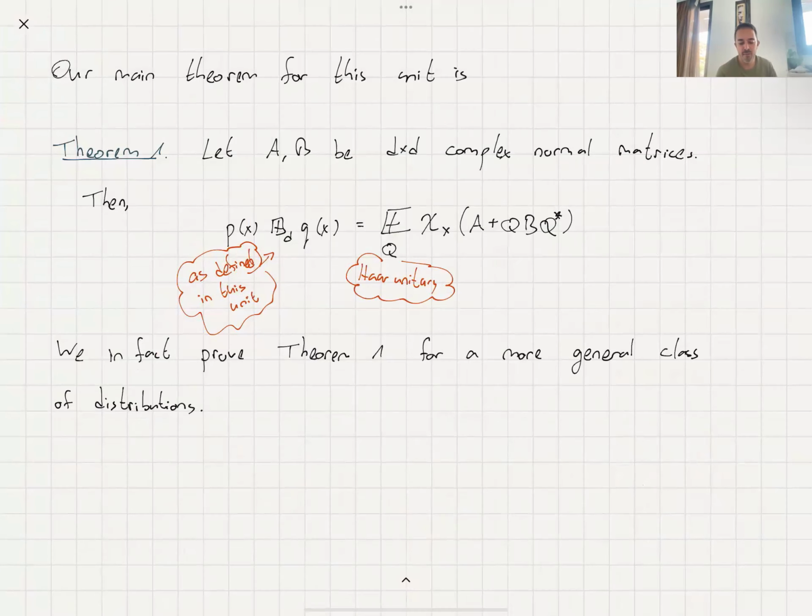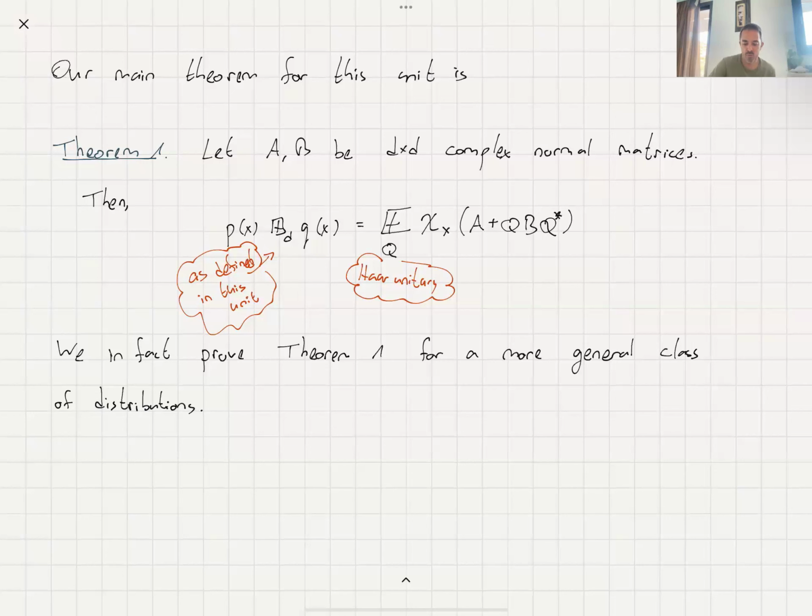And with that, the main theorem that we are going to prove is that this new definition of the additive free convolution actually generalizes our old one. So if you take any A and B complex normal matrices, it's as general as it can be, complex, and it requires to be normal because otherwise you don't have this eigenvector structure that is symmetric enough so that if you do Haar, it looks the same from every direction. If it's not like that, then the eigenvector structure has some more information that the Haar doesn't erase. So this is the most general thing that you can hope for, at least naively.